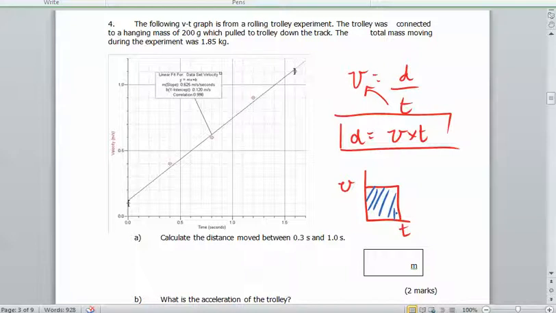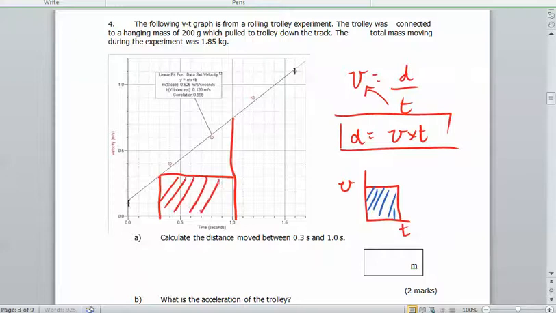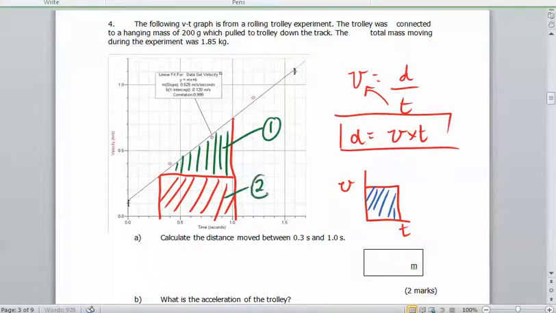So between 0.3 and 1, so 0.3 being this here to 1. Now, importantly, we've got to find the area under that whole graph. So let's split it up into two lots. Area 1 and Area 2. So the distance is the area under the graph, and the area is equal to the area of 1 plus the area of 2.